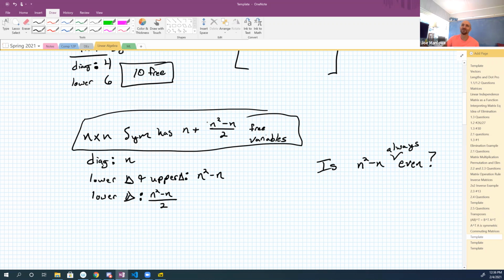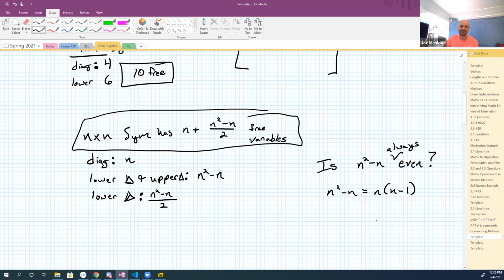There's another way to see this, which is kind of fun. N squared minus n factors into n times n minus 1. And so either n or n minus 1 is even, right, because these are two consecutive numbers.